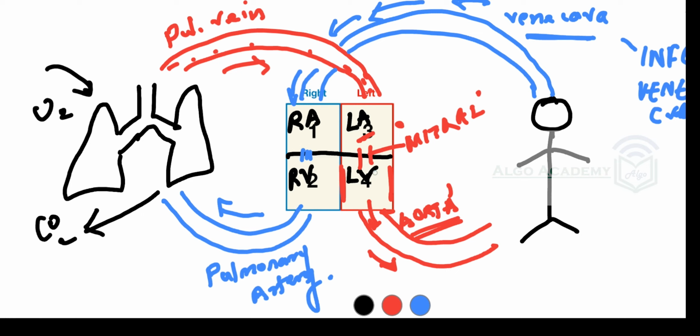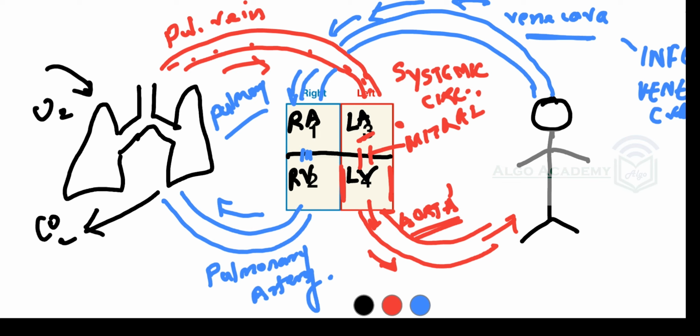The aorta receives blood from the left ventricle and then supplies it to different parts of the body, the different organs. So this is basically heart and circulation. This is the systemic circulation, and the other side, which involves the lungs, is called the pulmonary circulation. Both contribute to the circulatory system of the body.